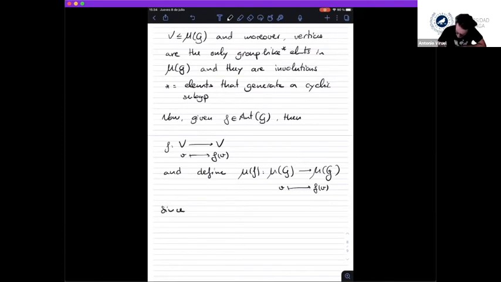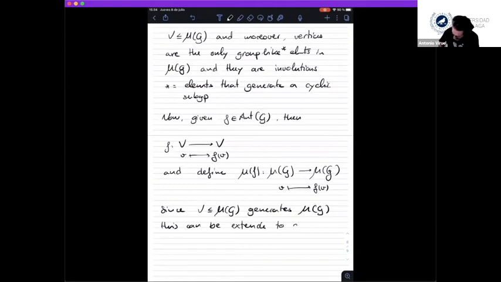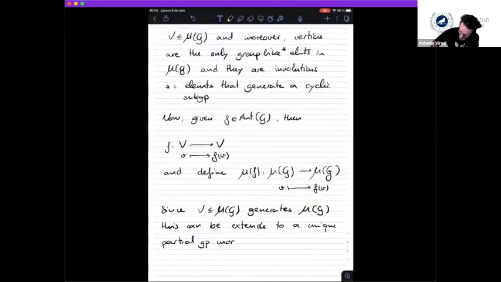Since the vertices inside M(Γ) generate M(Γ), this can be extended to a unique partial group morphism.